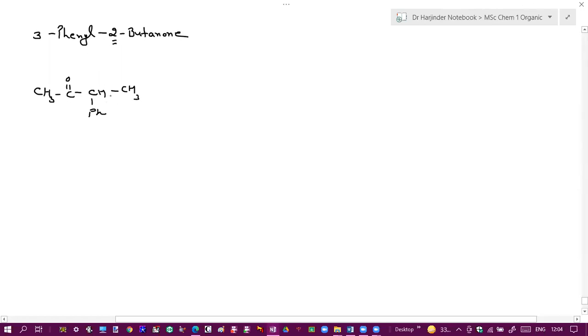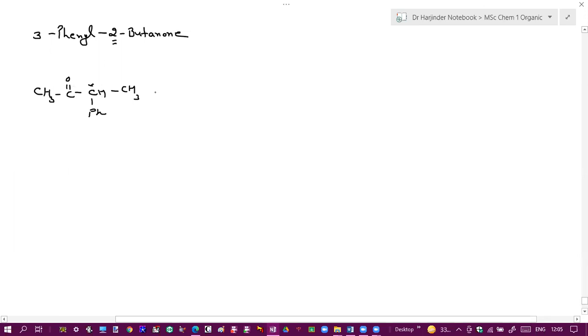So where is the chiral carbon? This carbon is chiral, and at the chiral carbon, do you have any acidic hydrogen? Yes, this hydrogen is acidic because of the presence of this carbonyl group.